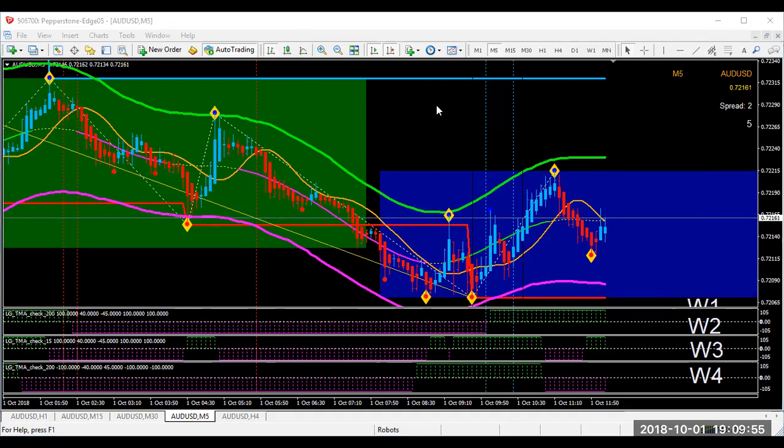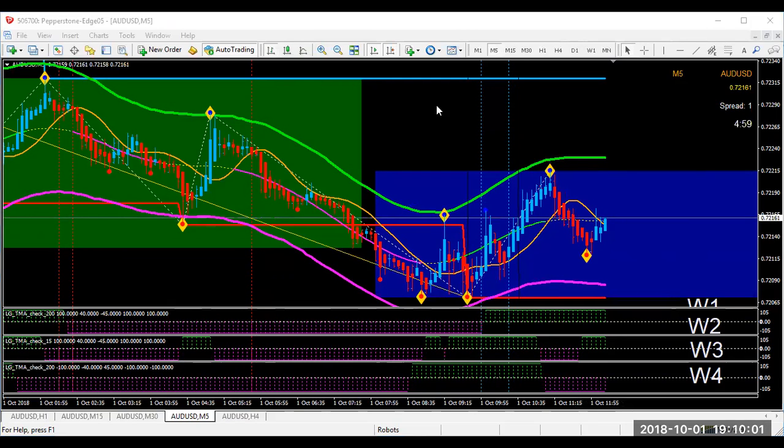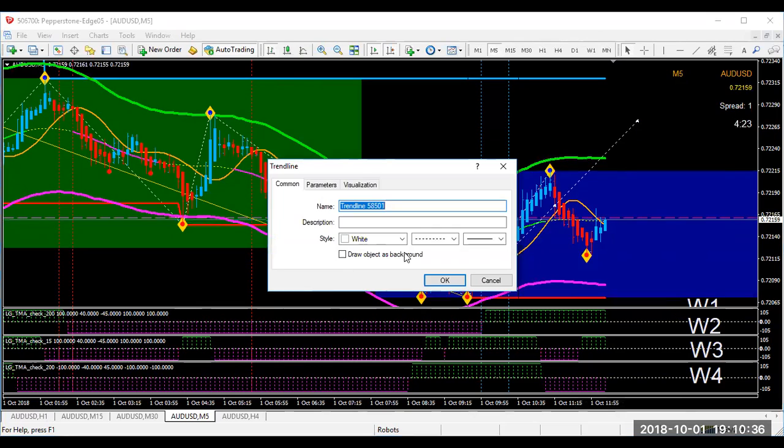If the diamond goes outside of the river and doesn't get a dotted white line, that would also be an extreme. Generally when the diamond goes outside the river, it will have a dotted white line, but it may not. So either the diamond goes out or it gets a white line joining it. I'm just going to change this so we can actually see the difference.